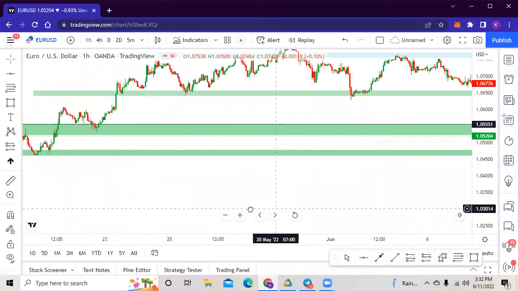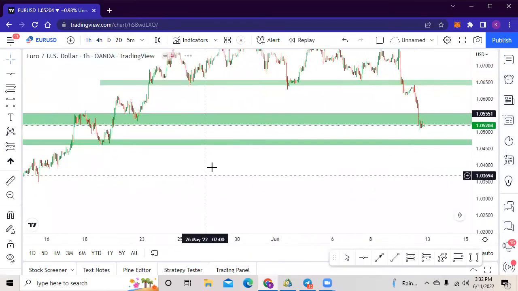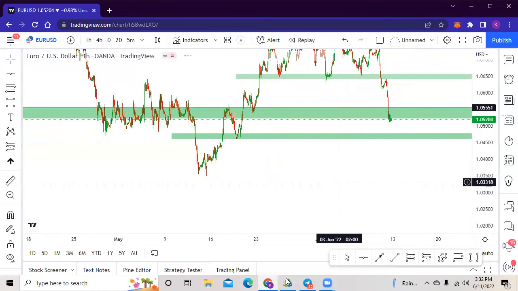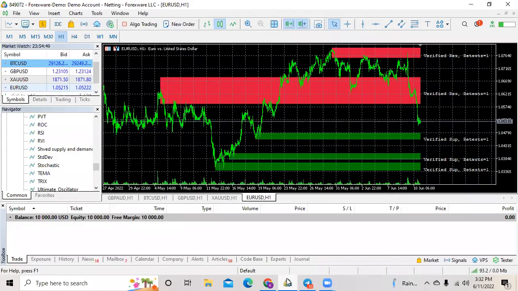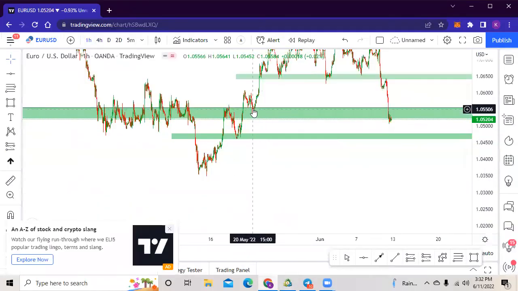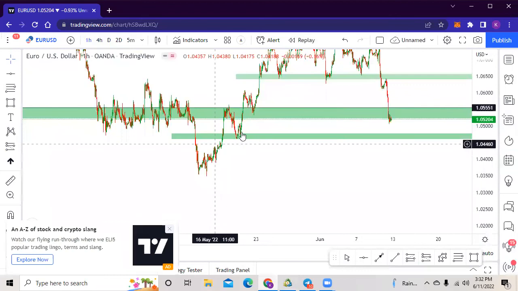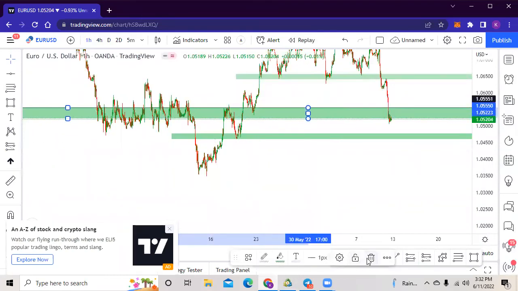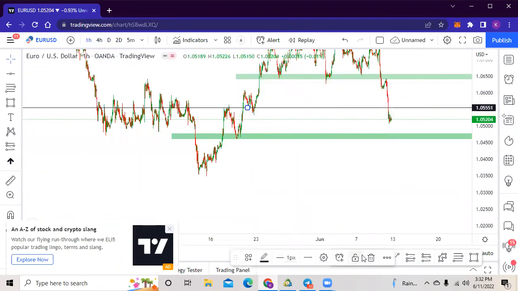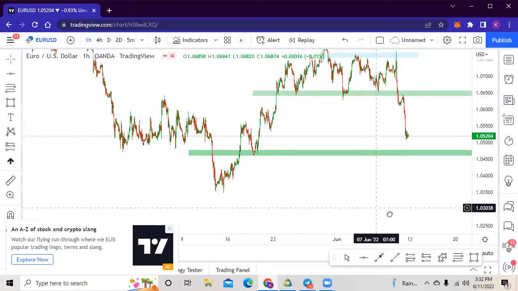Let's see. So I think this is probably the most important level right here. So we can remove this level. This is a level that we need to focus on right here.